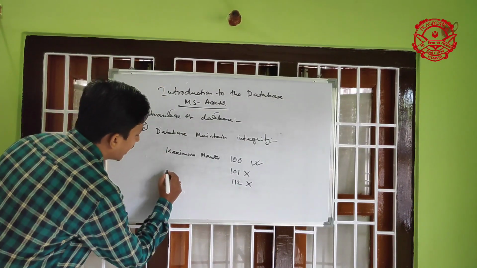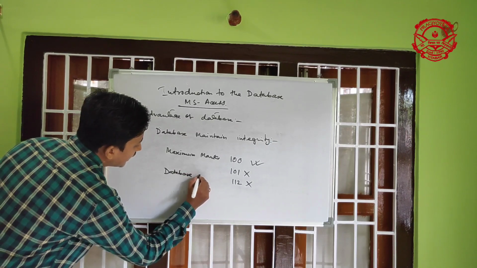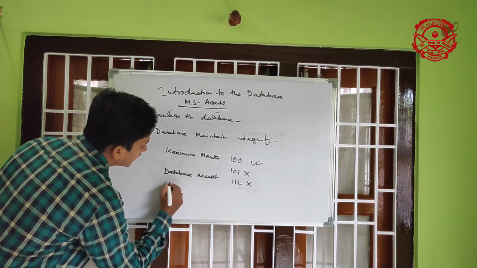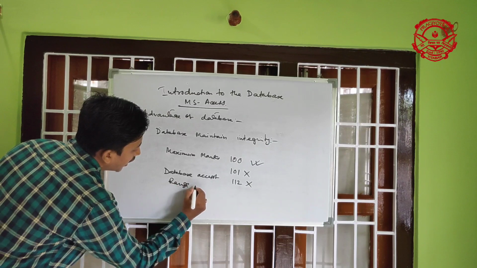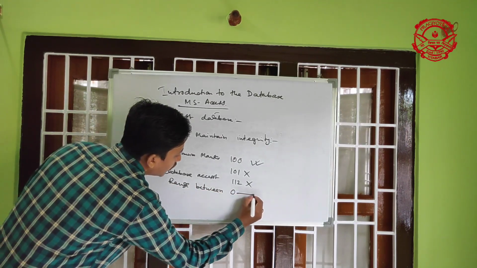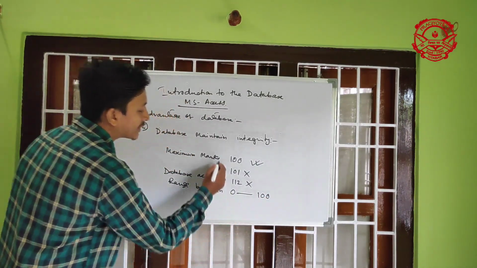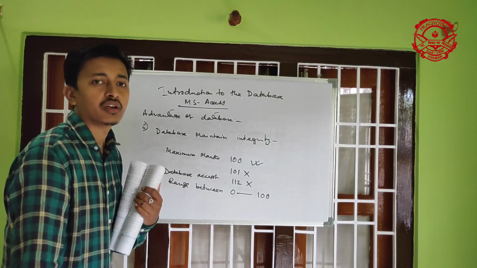Means the database only accepts the range between 0 to 100. They will accept the marks from the students only from 0 to 100.